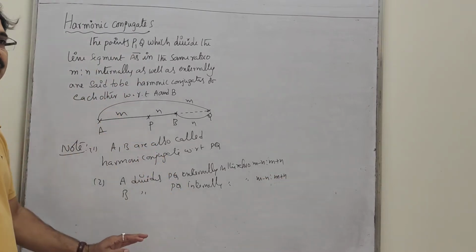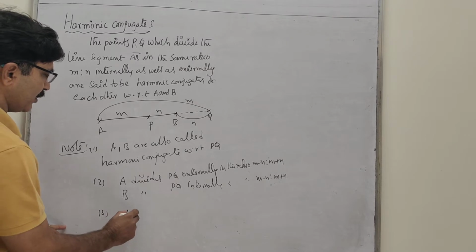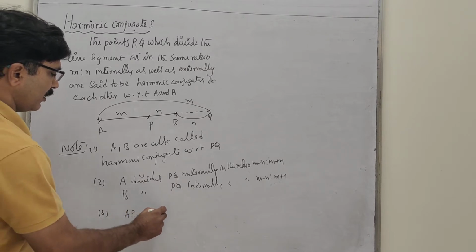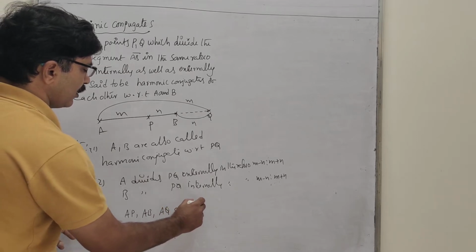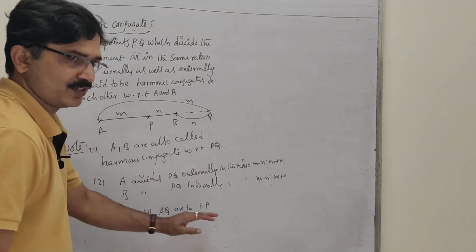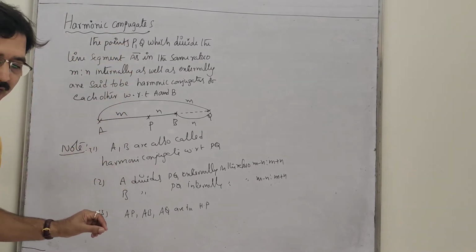And the third point is also there: AP, AB and AQ are in HP, harmonic progression. These are the hidden points of harmonic conjugates.